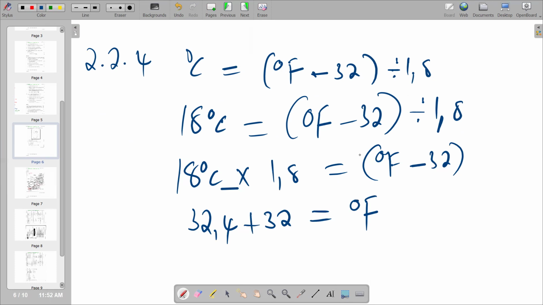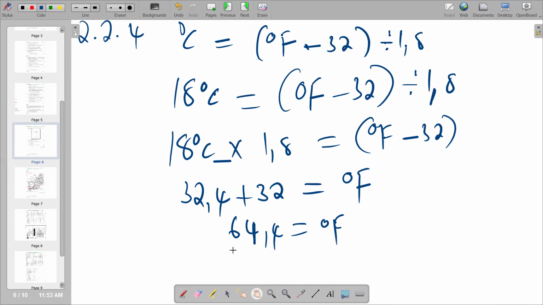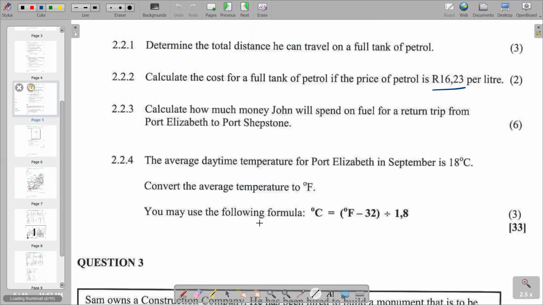If you add the two, you are going to get 64.4, equal to Fahrenheit. So this is your final answer. As we see, this is the last question that we have on question 2.2.4. And of course, we need to move on to question 3.